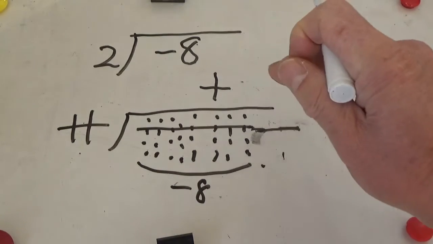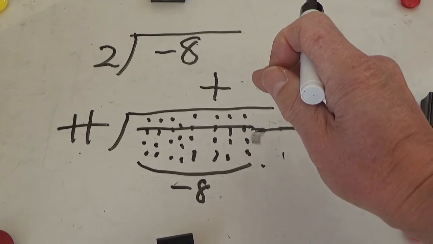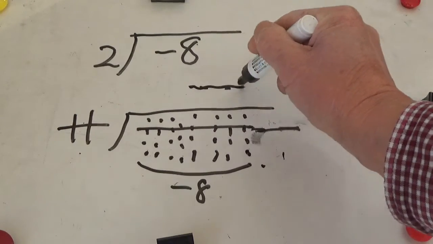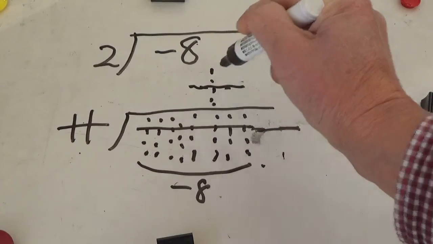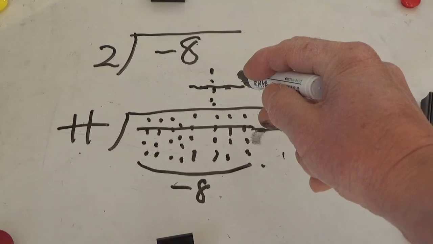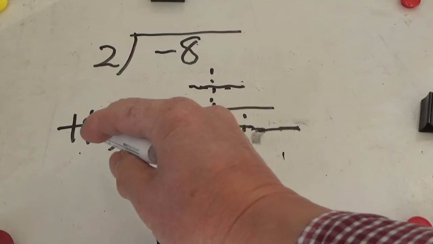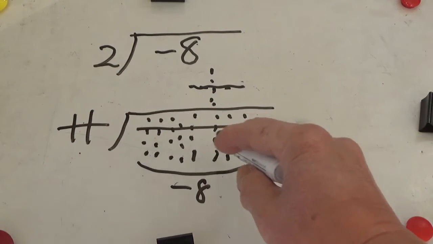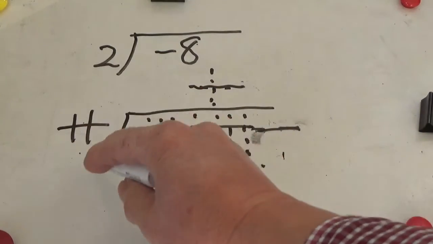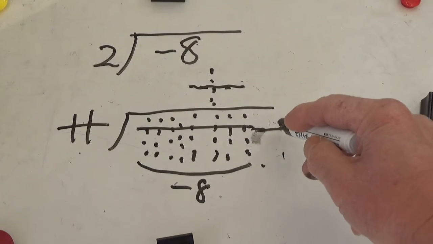So instead of subtracting 2, I will add once. That is the inverse of subtraction.